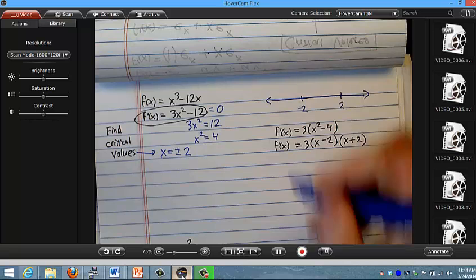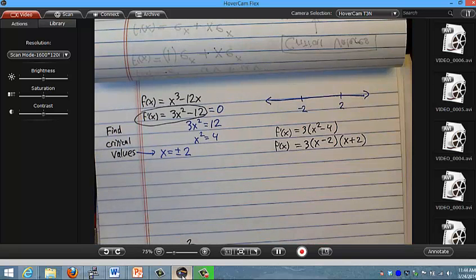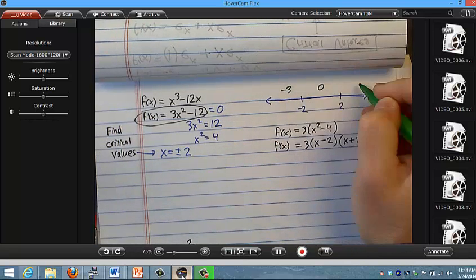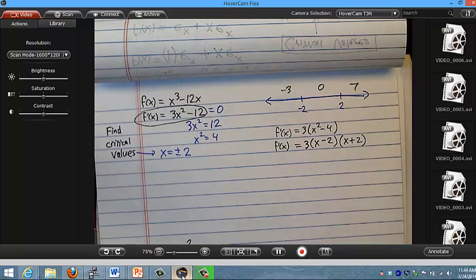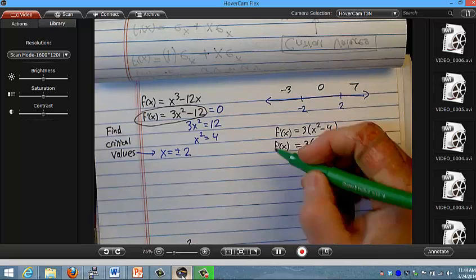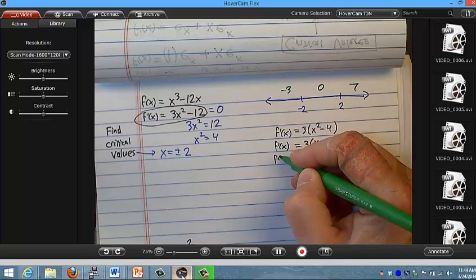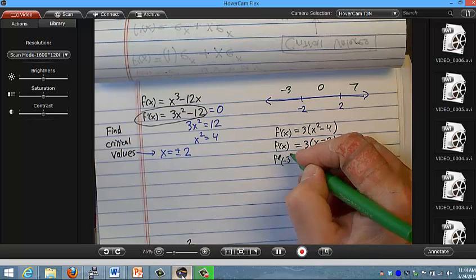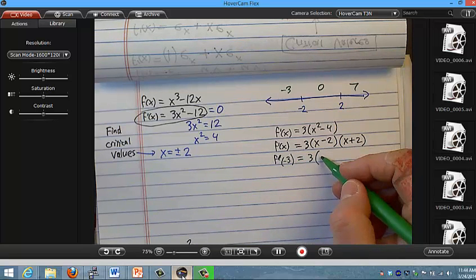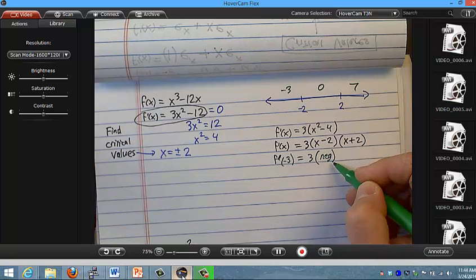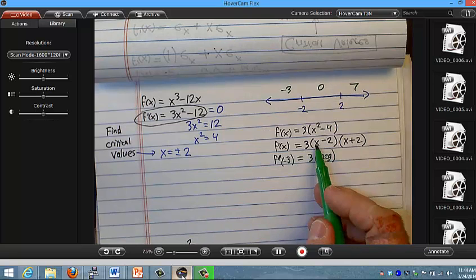So what test points should I use? Okay, -3 I'll use. What else? 0 and 1, okay. Oh, or 1. And how about I use 7, right? I mean, it doesn't really matter. But when I do these things now, I can go ahead and fill some things out. So f prime of -3 would be 3 times, how about I just write negative, right? -3 minus 2.